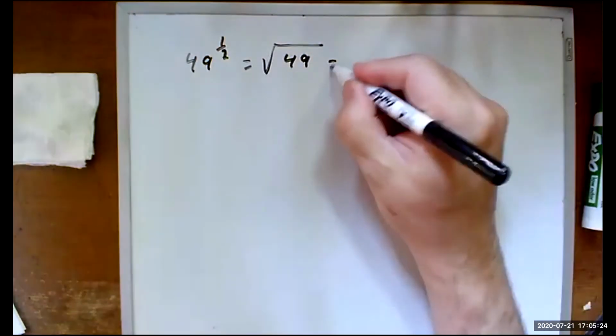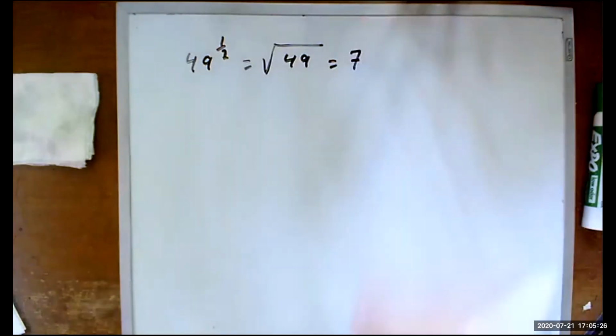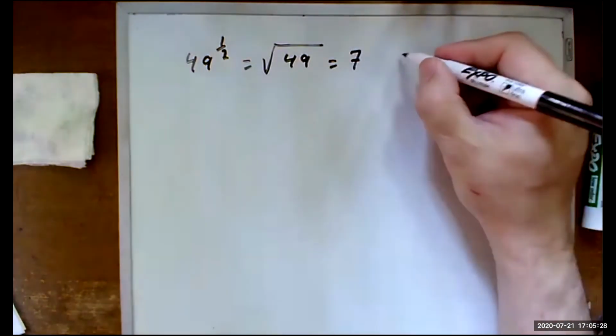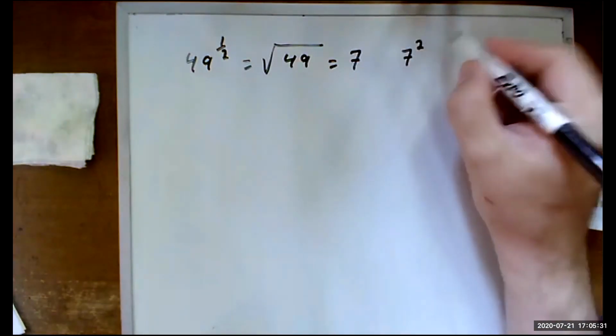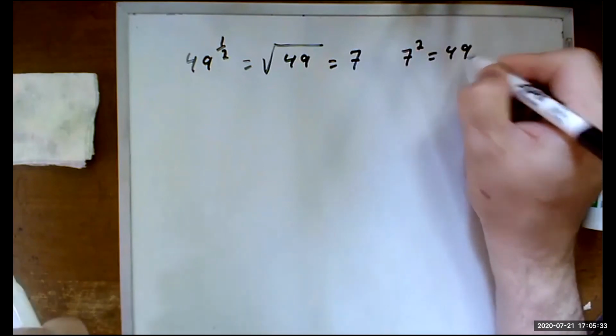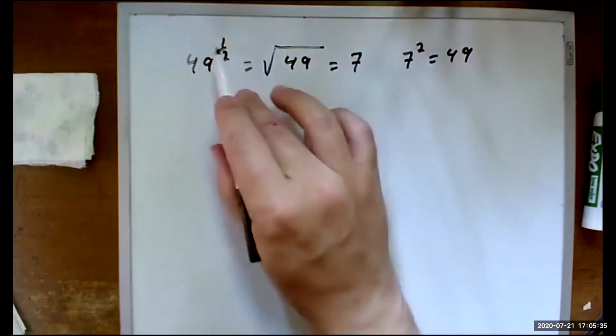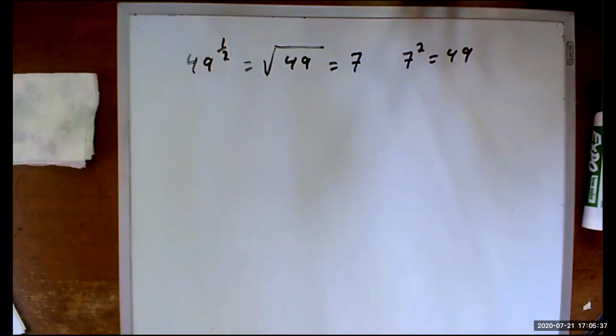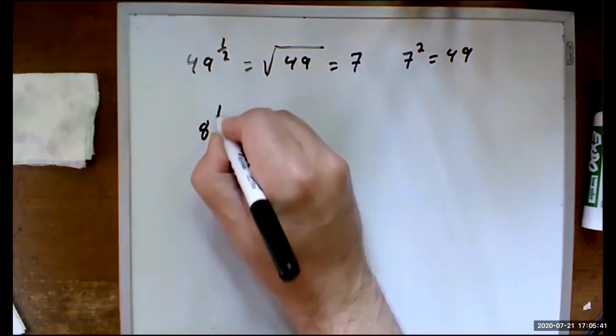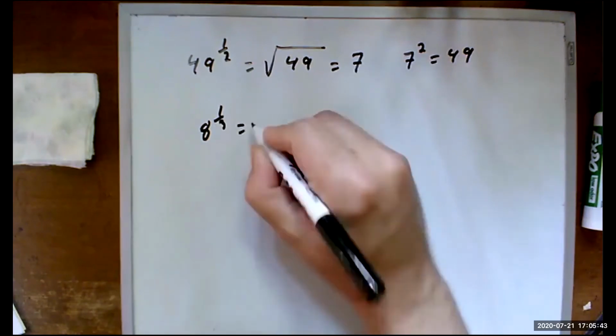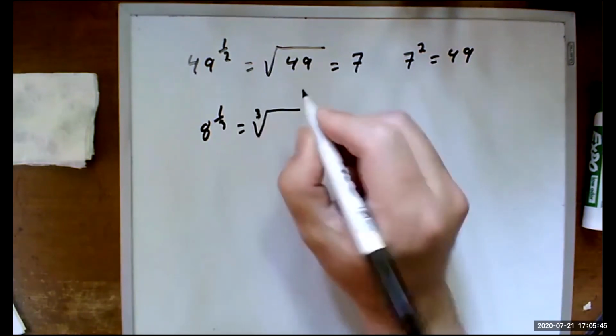It's implied. If you don't see it, you assume that there is a 2 there. That's what we mean by the square root. And that gets us to 7, because 7 squared gets us back to 49. So you can see that 2 and 1/2 relationship.